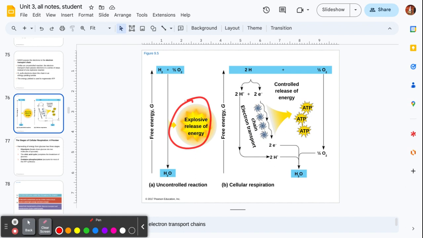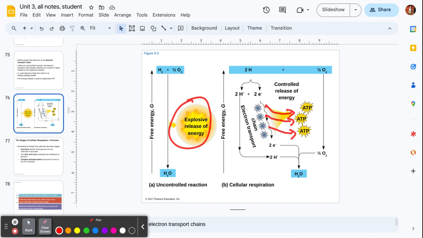So instead, we're going to release a little bit of energy in a series of steps. And so every step along the way, as an electron gets passed from one carrier to another, it will be losing a little bit of energy along the way.